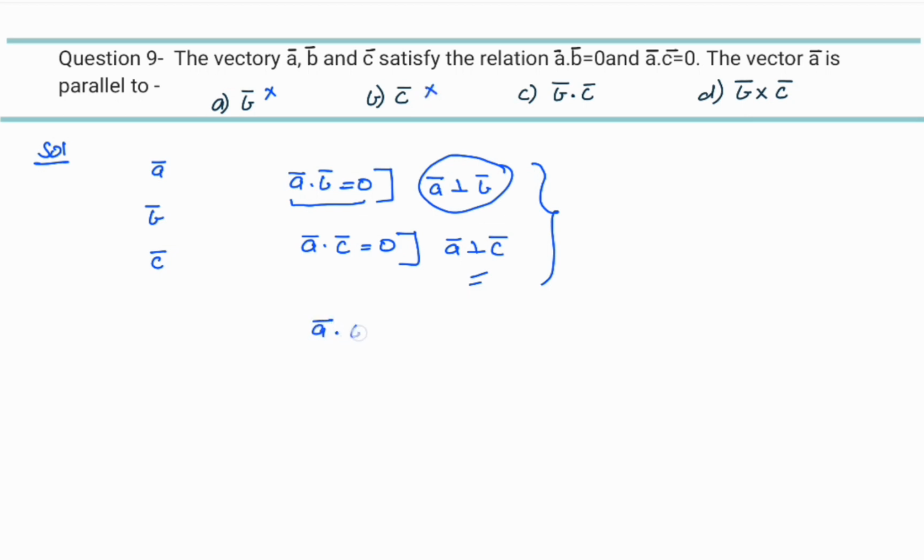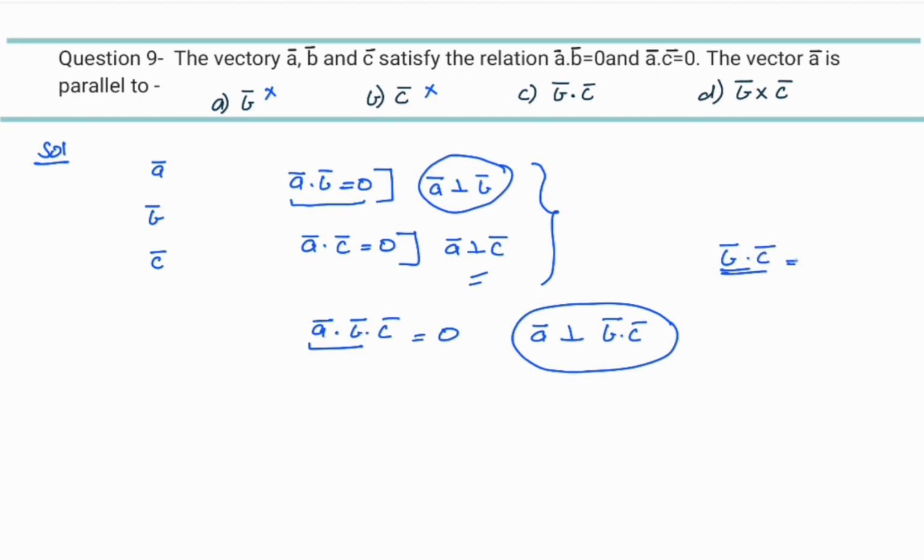Vector A dot (vector B dot vector C). A dot B is 0, means this is going to be 0. Here it means vector A is perpendicular to vector B dot vector C. Okay. Now one more concept is there. We know the dot product of two vectors is going to be a scalar quantity.